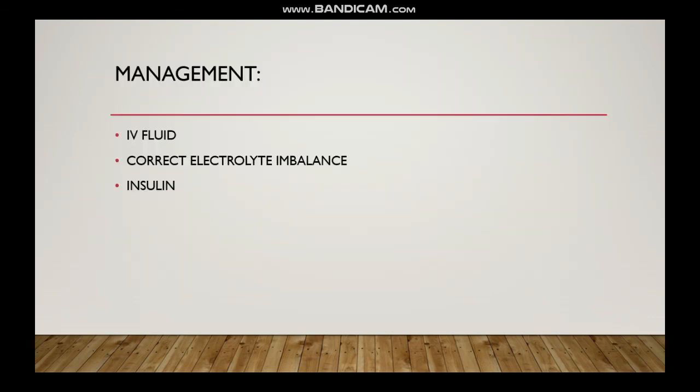What is the management? You give IV fluid to correct the volume state and electrolyte derangement. You look for sodium and potassium, because along with glucose there is sodium, and the hydrogen ion is exchanged with potassium and sodium, so there is massive electrolyte derangement. For DM1 patients, you correct with insulin, and for HHS also, to improve receptivity, you give insulin.